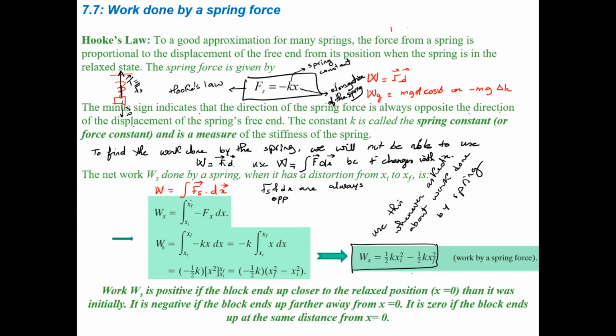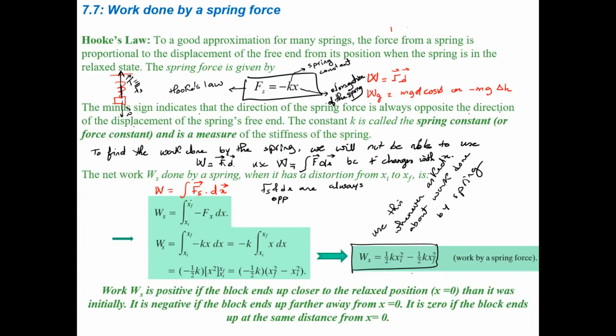We discussed this before when we discussed Hooke's law, because the spring always tries to pull back to its natural position. If you elongate it, it will make a force trying to compress back to its natural length. If you compress it, it will make a pushing force in order to elongate back to its natural length.